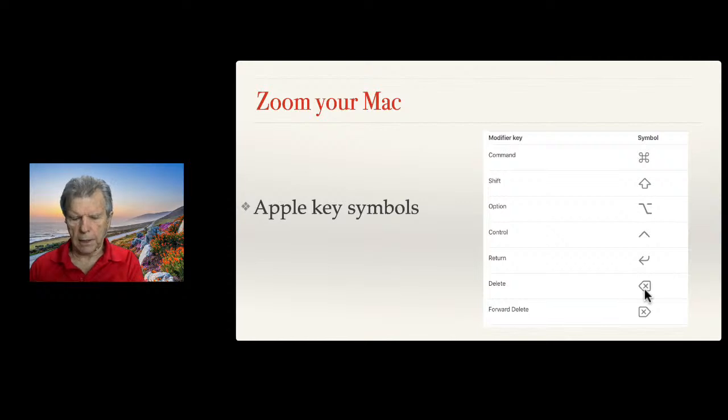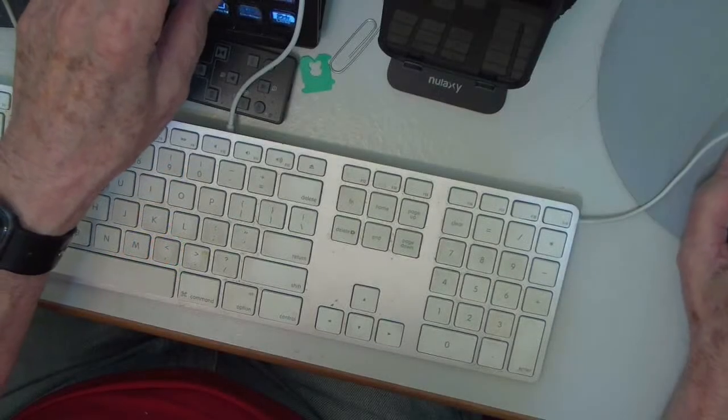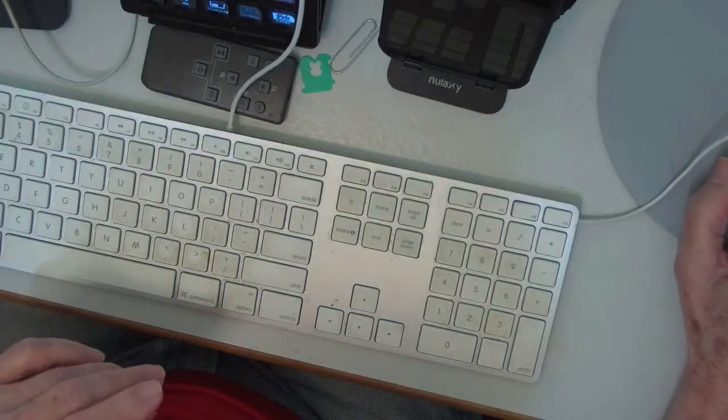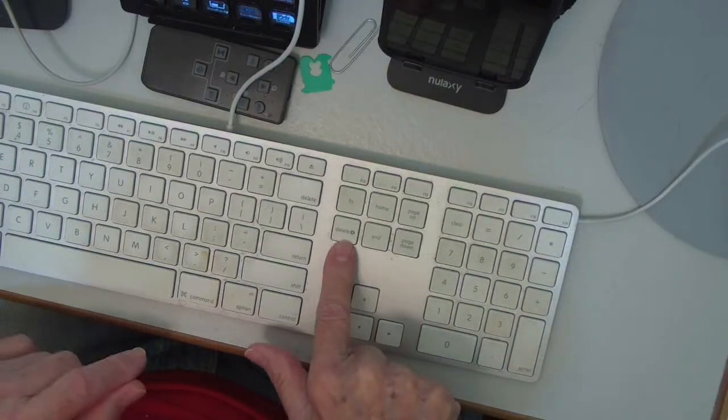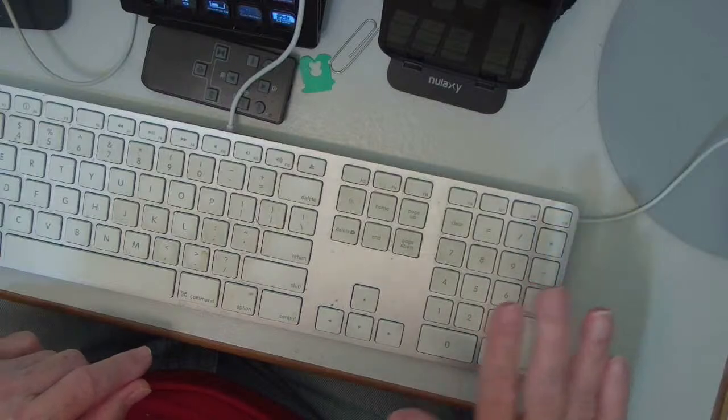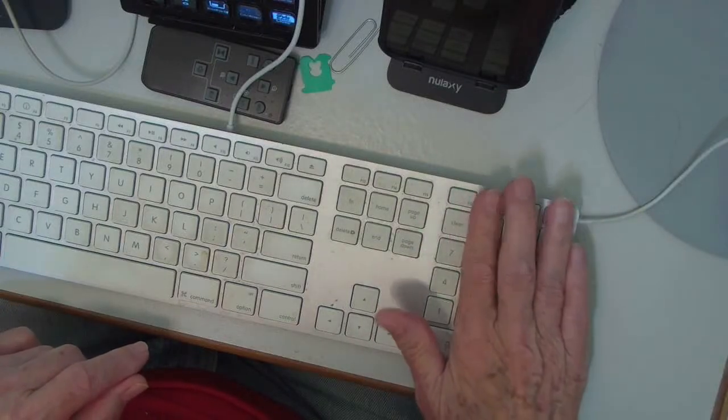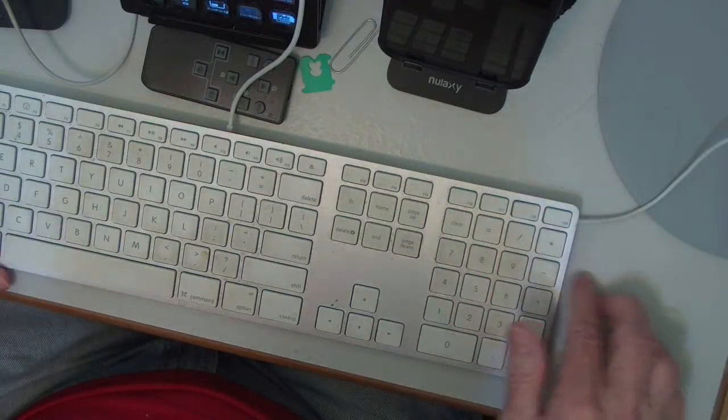And the delete key is this little, I don't know, it's not a hex, I don't know what it's called. Anyway, that's your regular delete key, and then you have a forward delete key. So let's look at the Inspectocam. So the forward delete key is located right here, but it is only on a keyboard that has the separate numeric keypad.